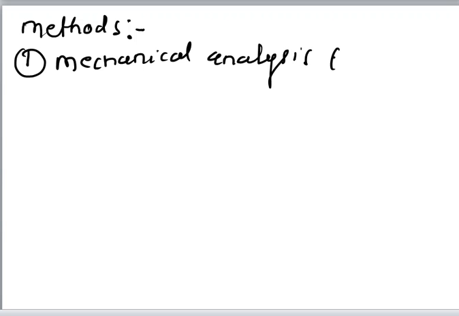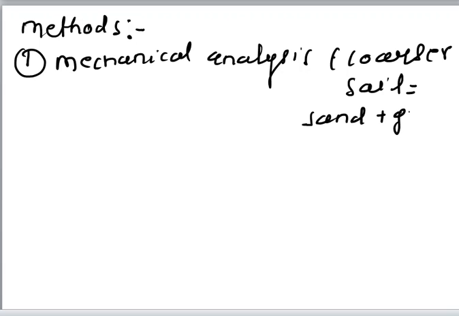It is for coarser soil, sand plus gravel. I am writing repeatedly so that you will remember. This method is also called sieve analysis. You have to use sieves in finding out percentage finer in case of coarse grained soil. Hence, it is a mechanical method, sieve analysis.